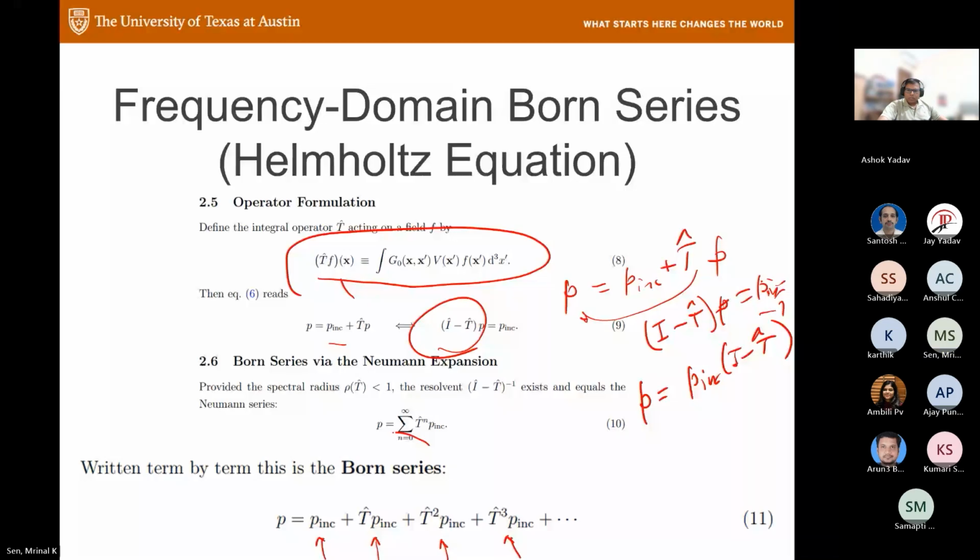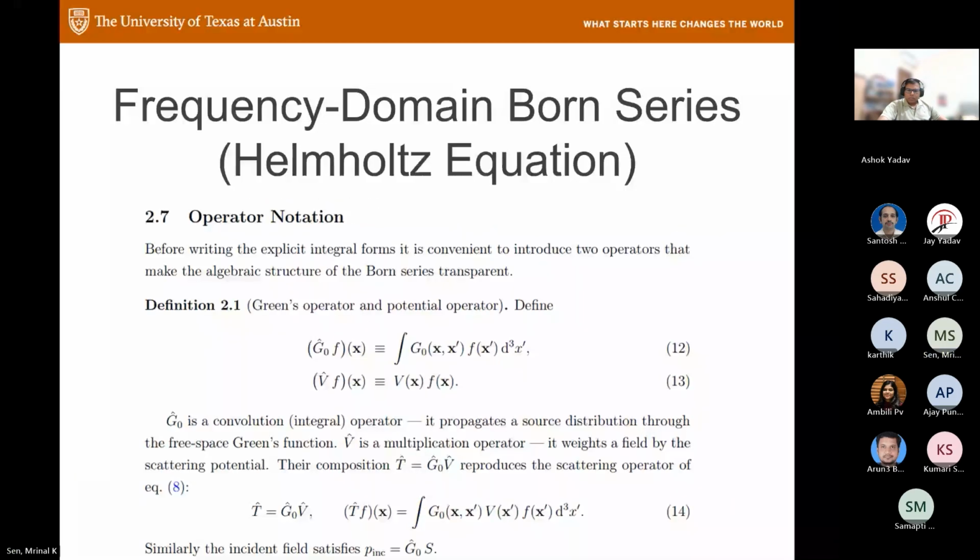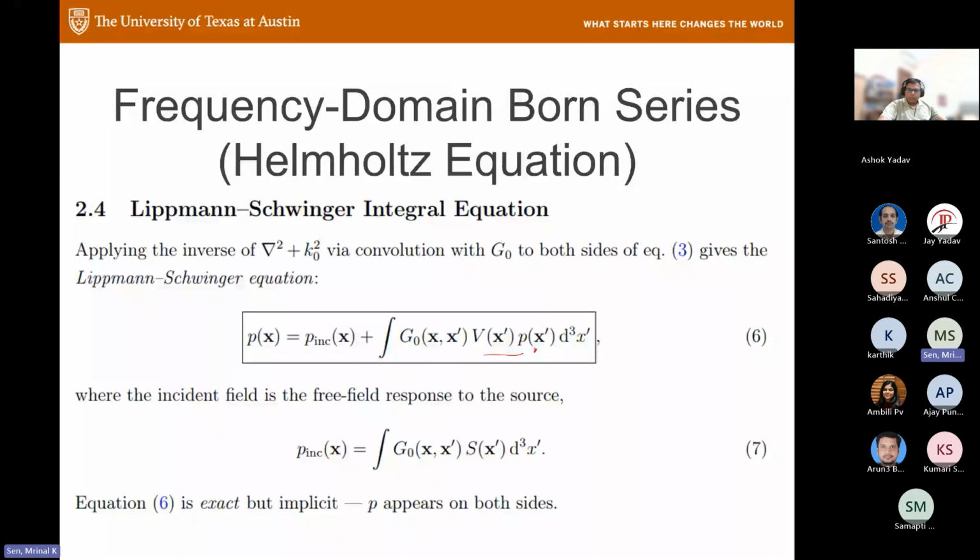So what is done here is we say that this G naught, which I started off earlier, is basically the background Green's function, and that approximates my G. So what we say is that to solve this equation, which requires that we know P, we will first assume that P is the same as G naught.